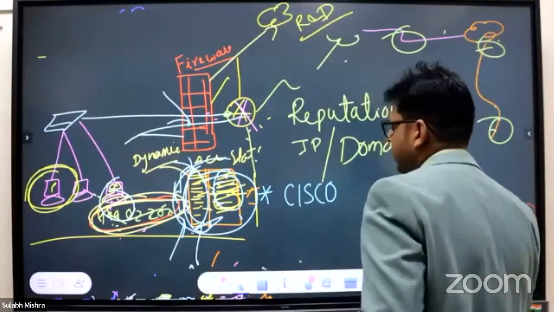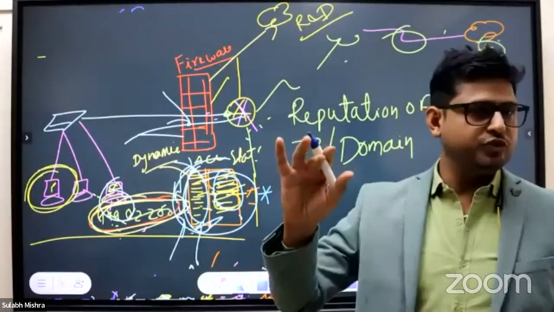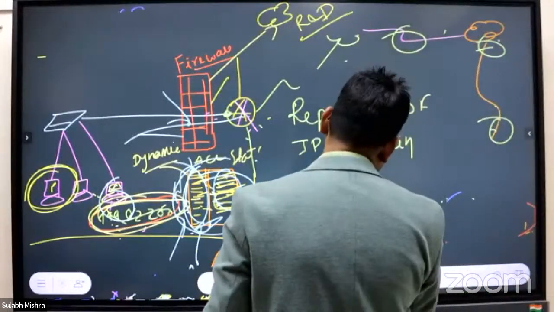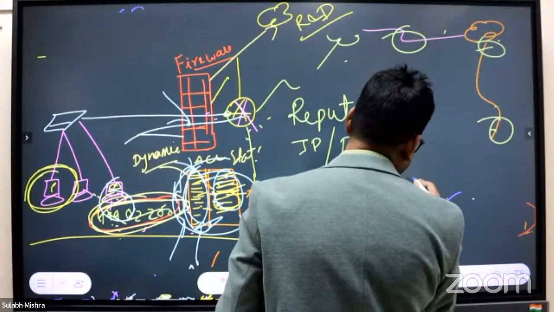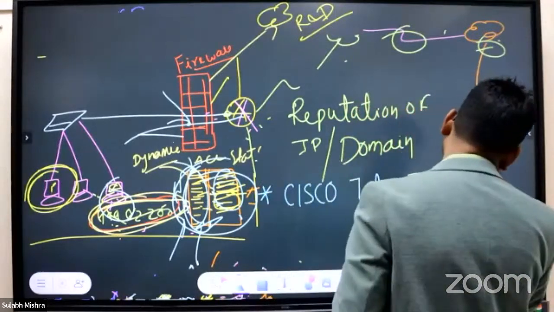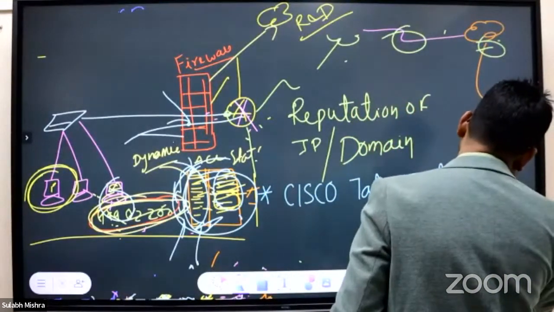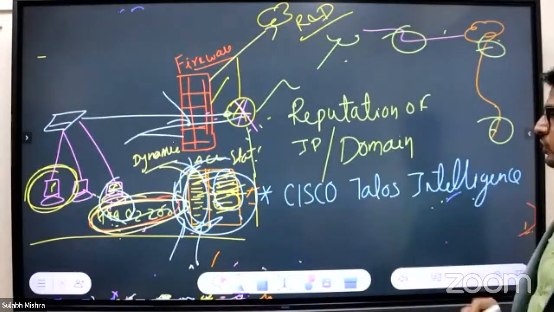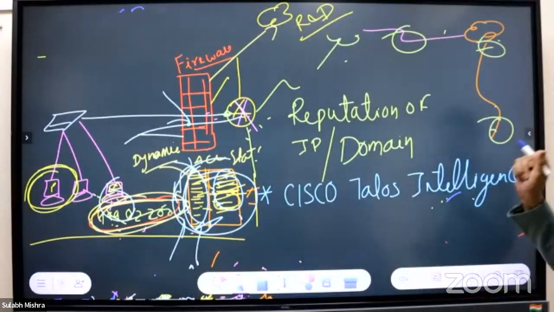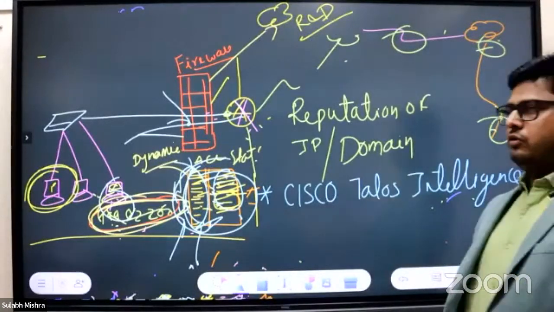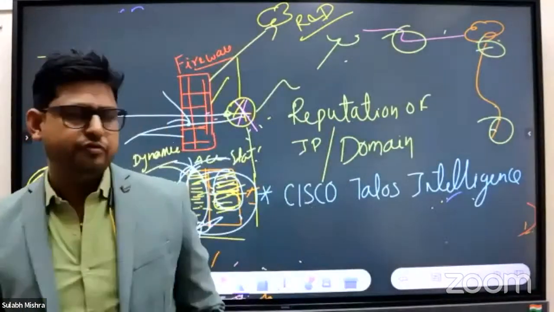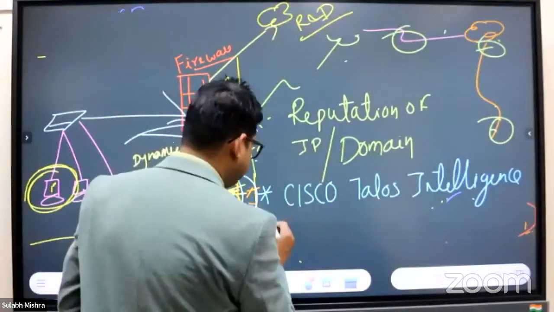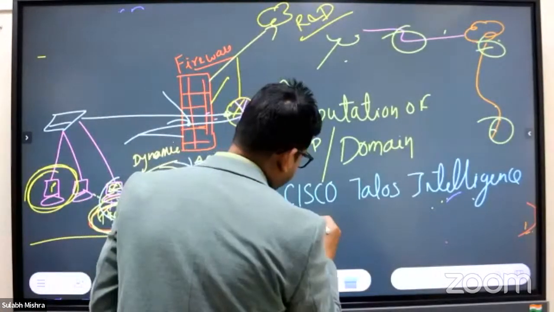The website name is talosintelligence.net, I think, or .org, but you can search in Google Cisco Talos Intelligence. This is one of the highly authentic websites and gives most of the right information. Then you can refer to MX Toolbox.